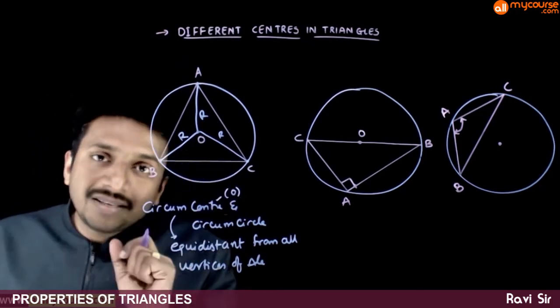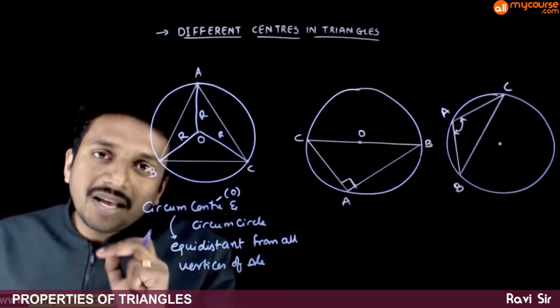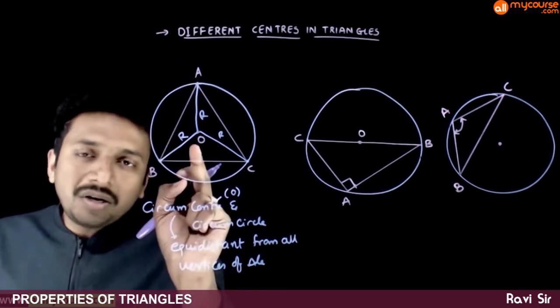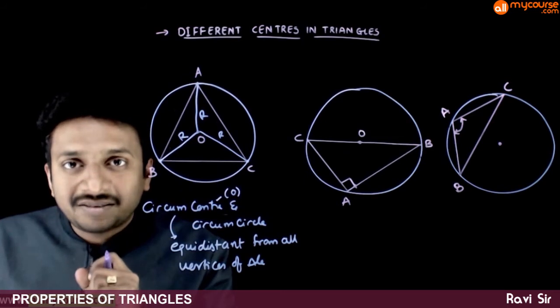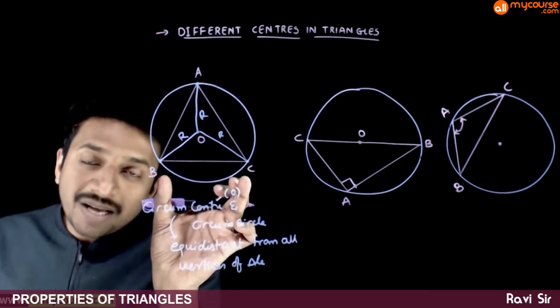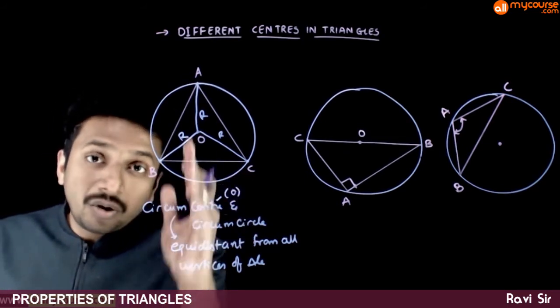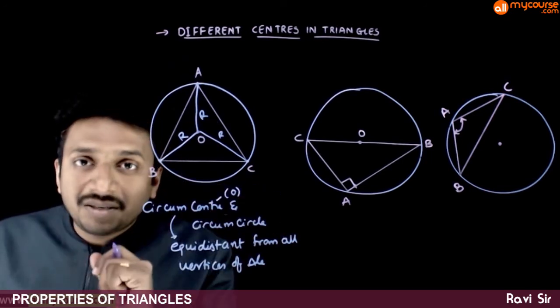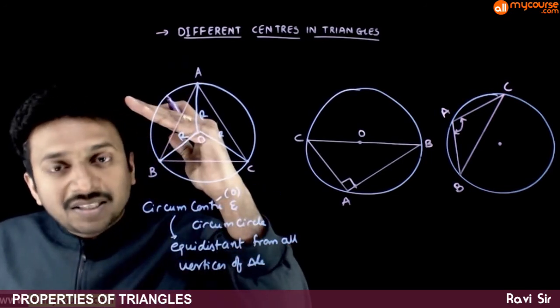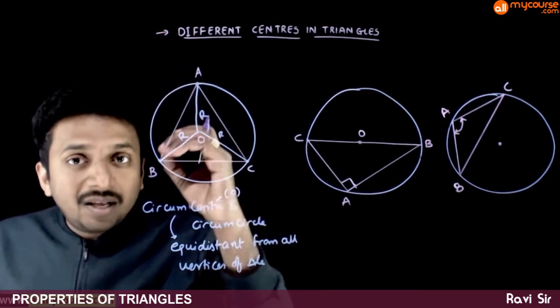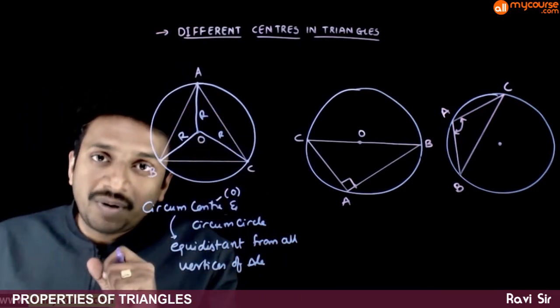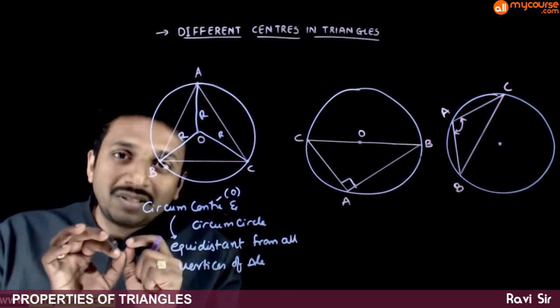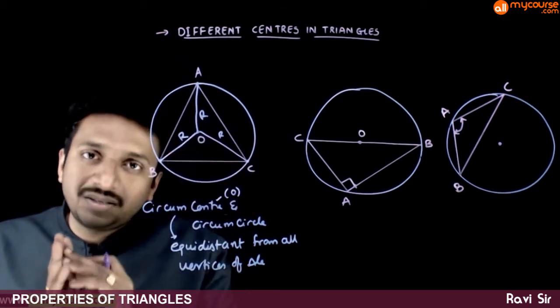So how do you find the circumcenter? The circumcenter can be found as the point of intersection of the perpendicular bisectors of the sides. If you take the perpendicular bisector of BC, that's the locus of points which are equidistant from B and C. If you draw the perpendicular bisector of AB, those are the locus of points equidistant from A and B. So the point of intersection of the perpendicular bisectors will be equidistant from all the three vertices.